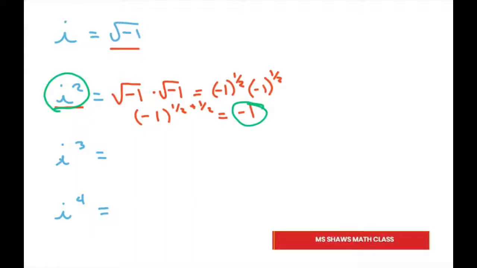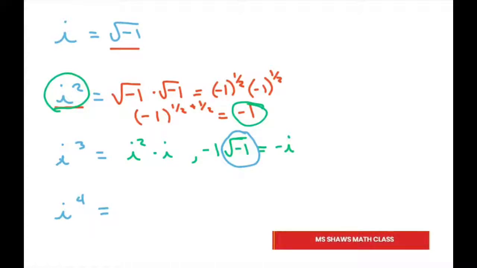All right, so i cubed you could write as i squared times i. Well, i squared is just -1, and i is just the square root of -1. So that just equals -i. Again, I just took the negative of i.